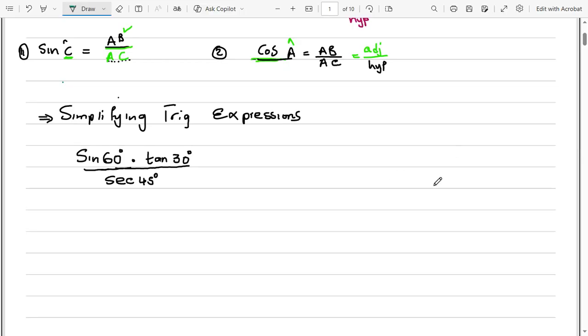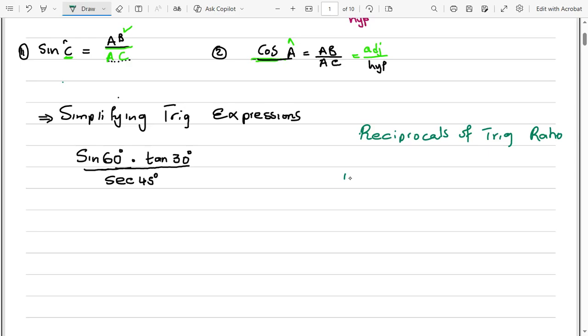We call this the reciprocals of trig ratios.